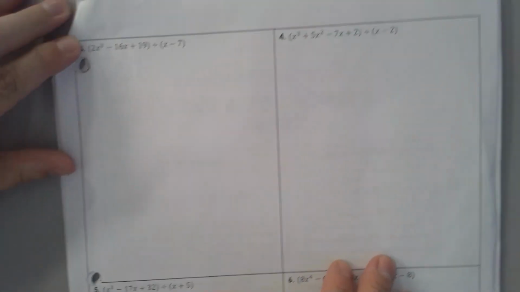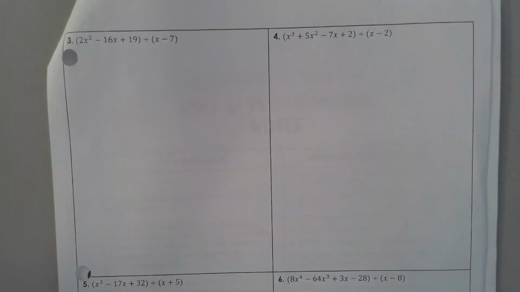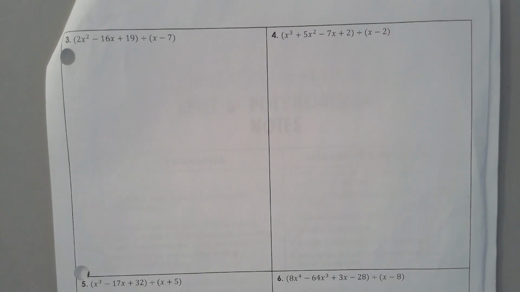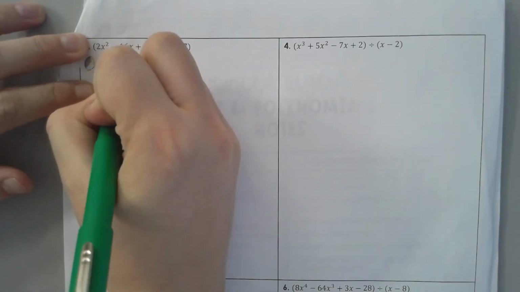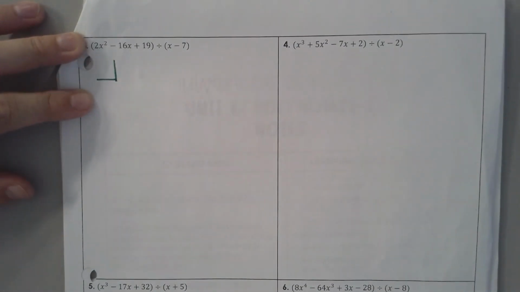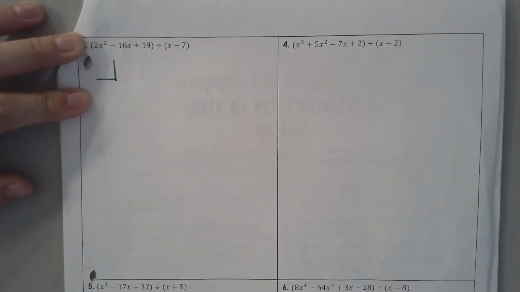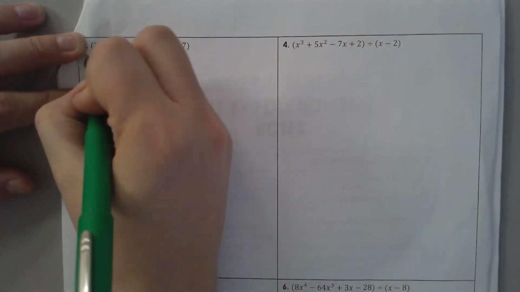Now we're going to do some more examples. So I'm going to set up a problem by putting some number in the corner. What number am I going to put up there? Positive 7.